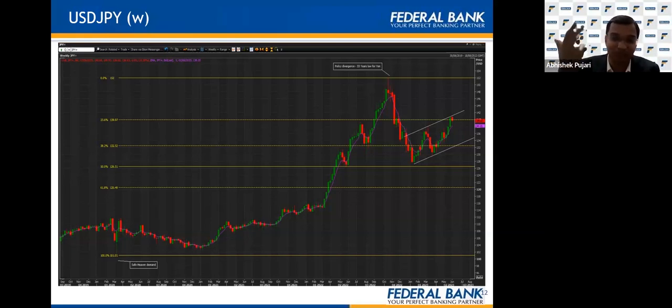So you borrow from Japan at a cheaper price, at say around 0.5%, invest it in US treasuries at around 5.25%, then book a 1-year forward and get the money back after 1 year, so you get the benefit out of it.